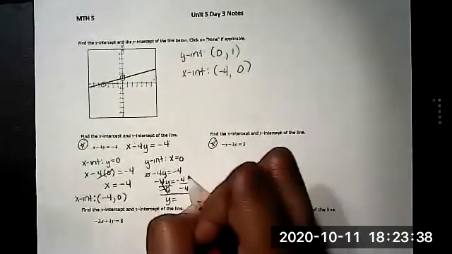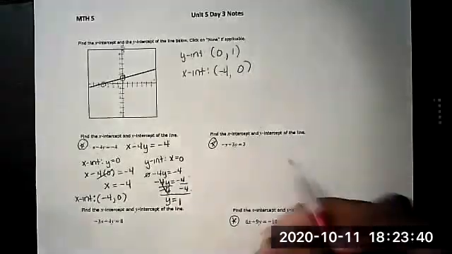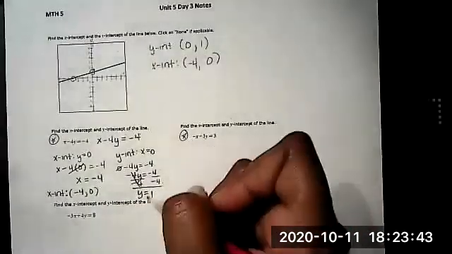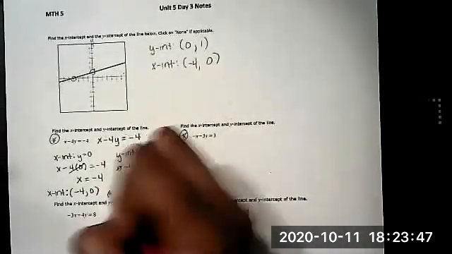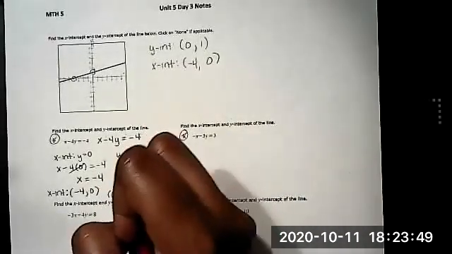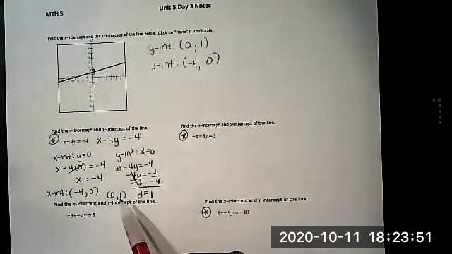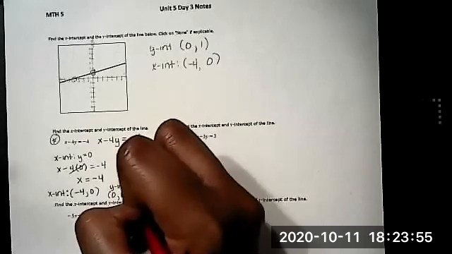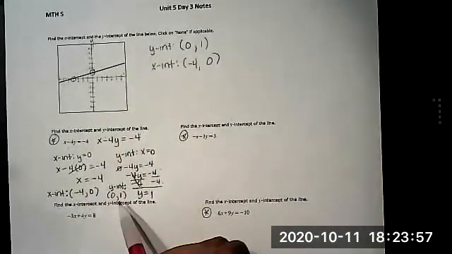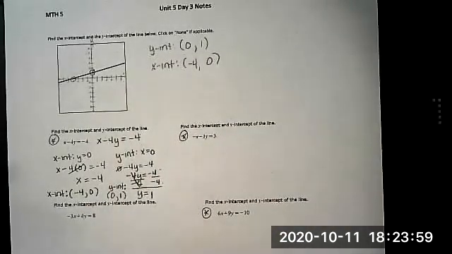Y is equal to -4 divided by -4, which is positive 1. So your Y-intercept is positive 1. What is the point then? The point should be (0, 1) for your Y-intercept. So that is our answer there.